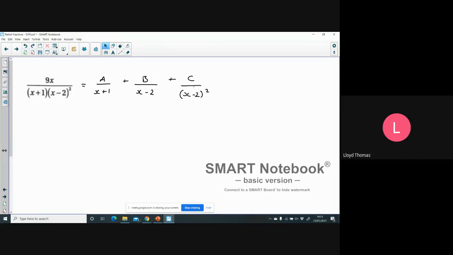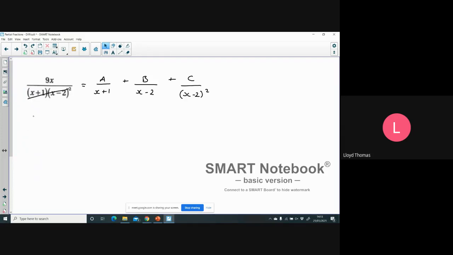Now, don't ask me why, because off the top of my head, I'm not entirely sure. But that is the method that you need to do when there is a single bracket and another bracket squared. It's the inside of one, the inside of the other, and the squared bracket goes there, okay? So you carry on then with a similar method to before.